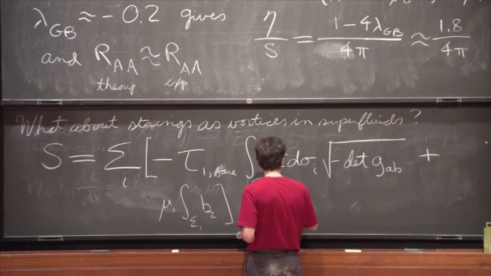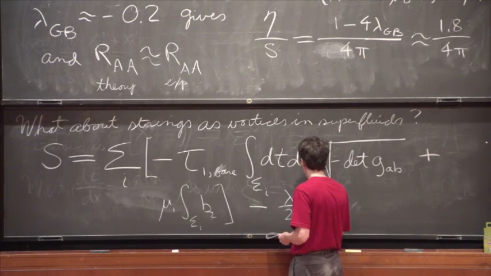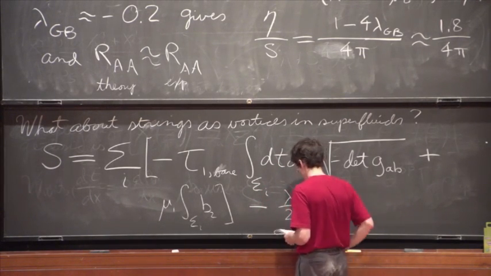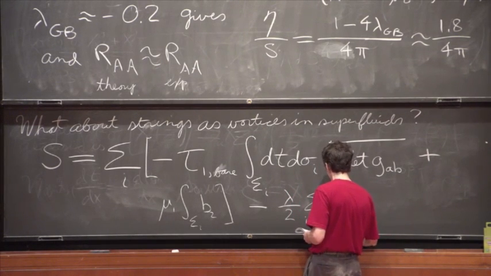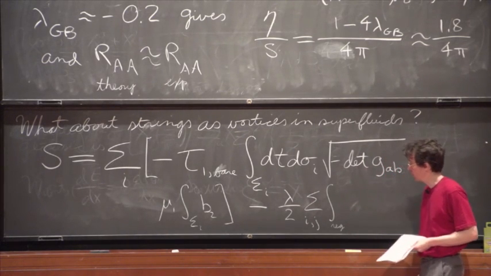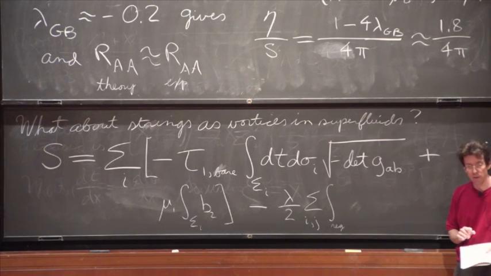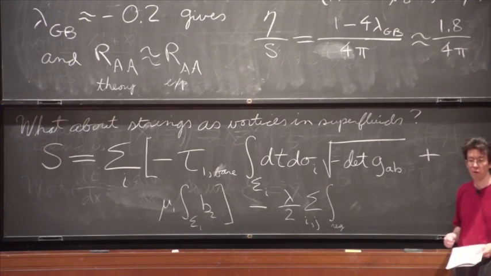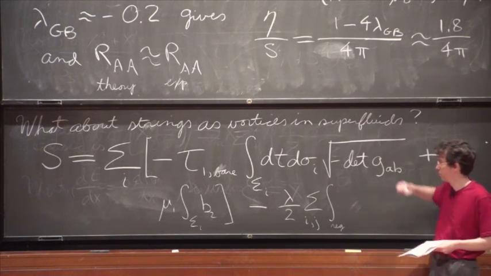And then strings also interact with each other by the exchange of NSNS 2-forms. And I claim, perhaps surprisingly, that you shouldn't be thinking about dilatons and you shouldn't be thinking about gravitons when your application is strings as vortices in superfluids.